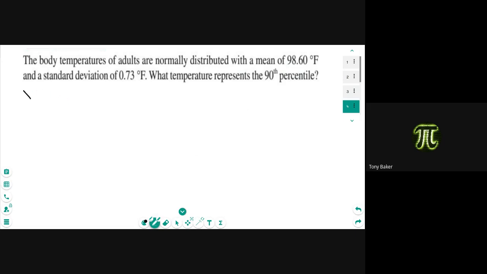So we're looking for the x. What's my mean? Okay, my standard deviation. Okay, and this time they gave me the percent is 90%, right? So I'm looking for 0.9000.